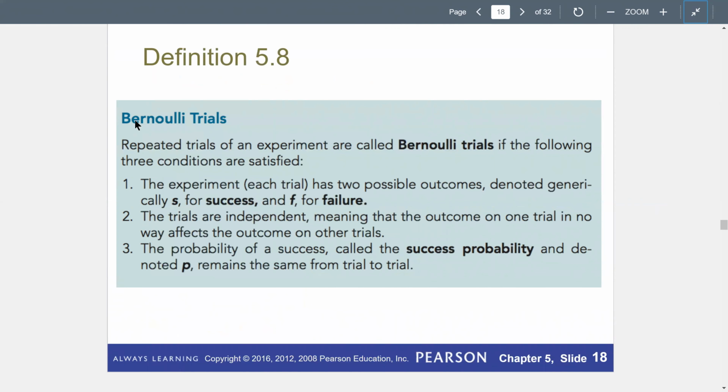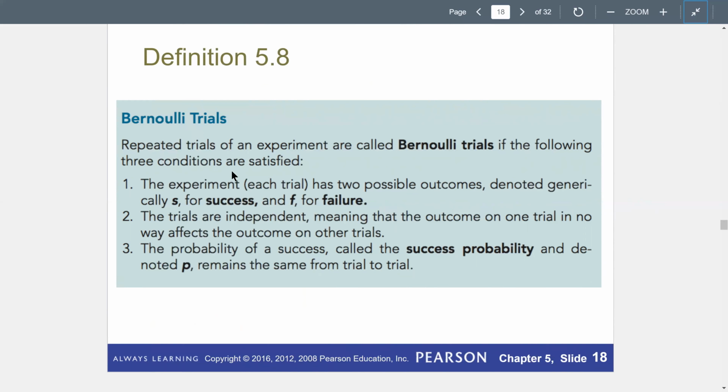First, what is a Bernoulli trial? A Bernoulli trial is the special form of a binomial trial. When you have multiple Bernoulli trials, it becomes binomial.